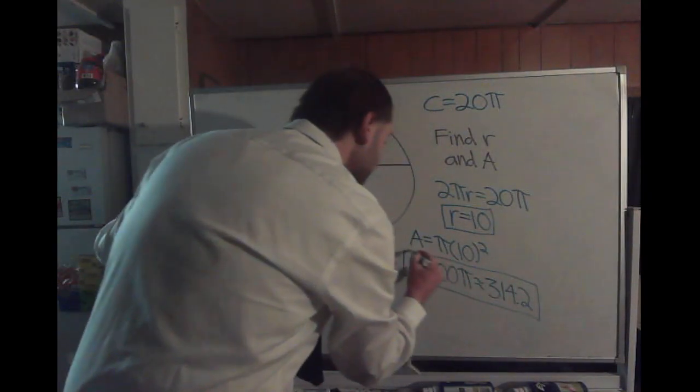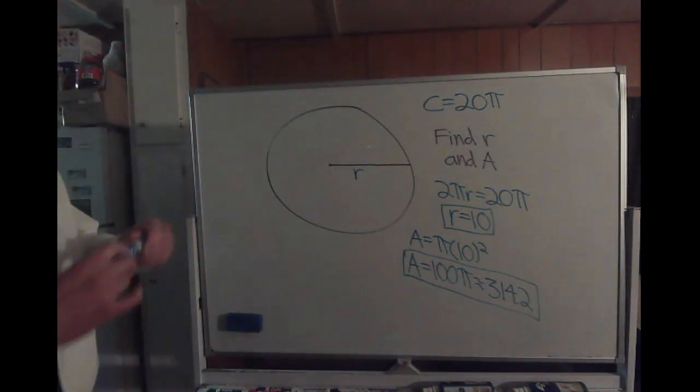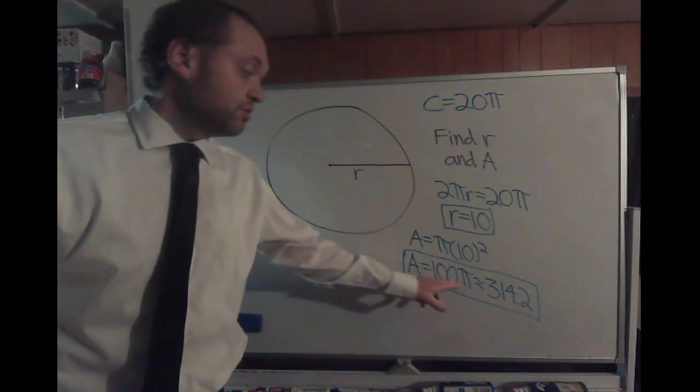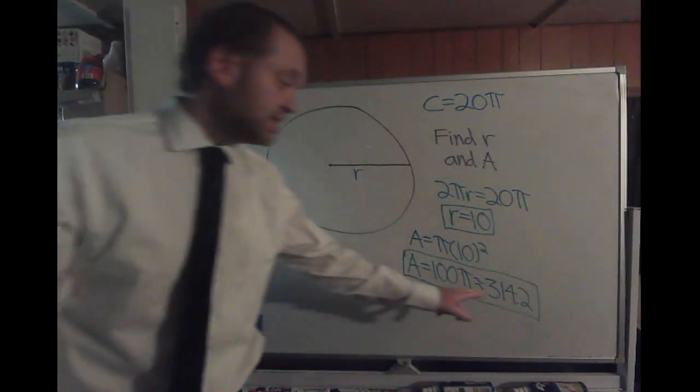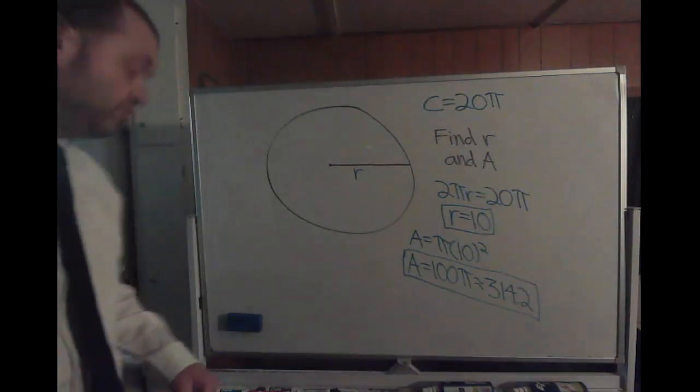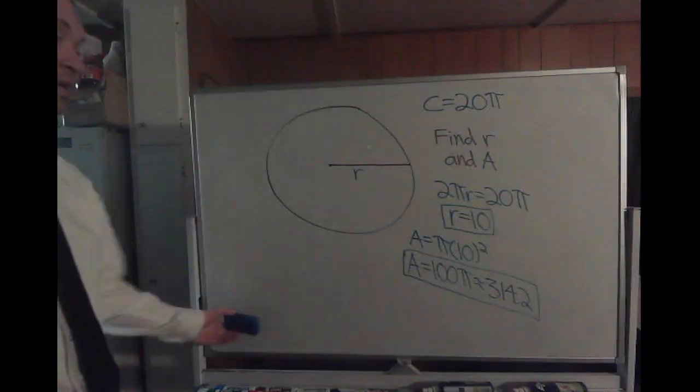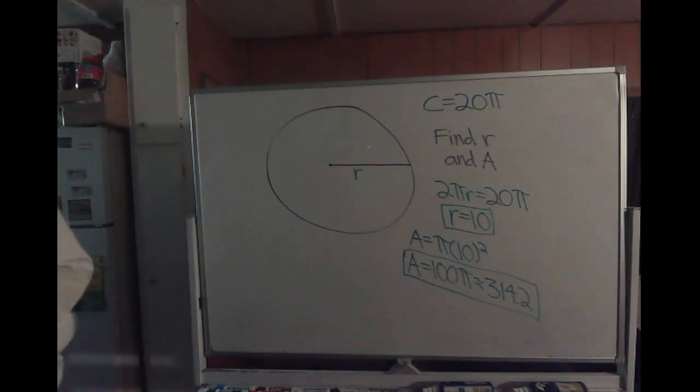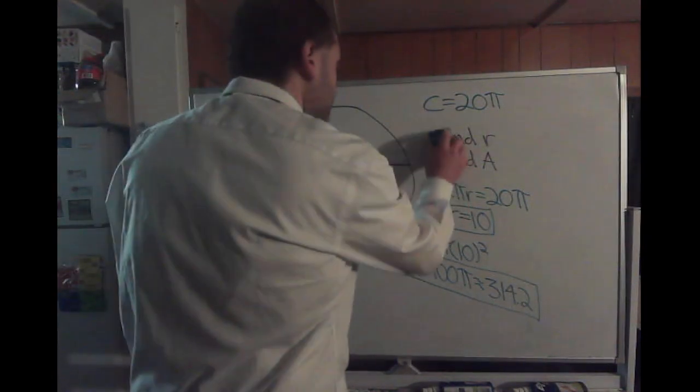So the radius of this circle is 10 units. The area is exactly 100 pi square units, or approximately 314.2 square units. Alright. That's not going to change, but the number is.